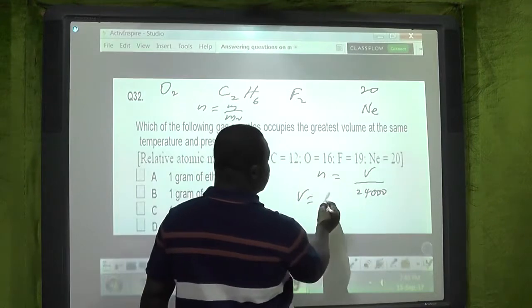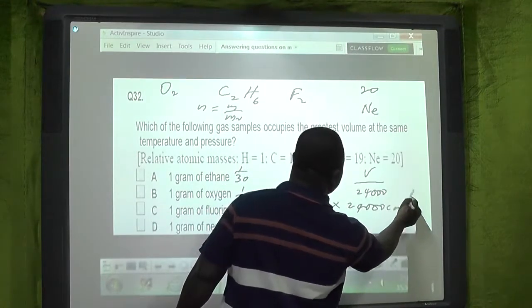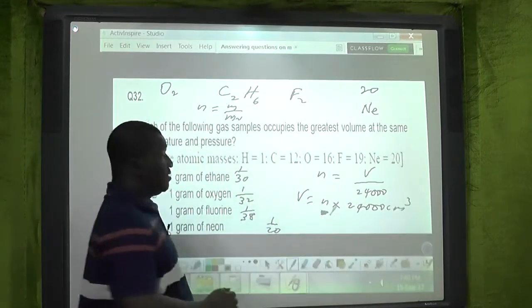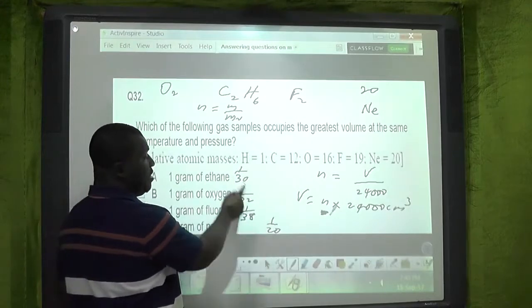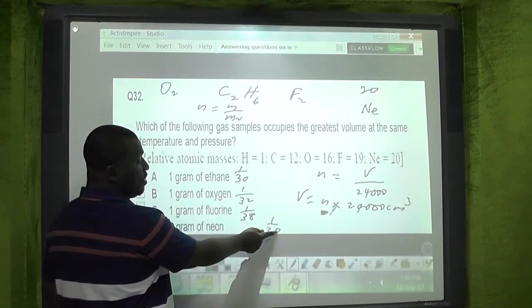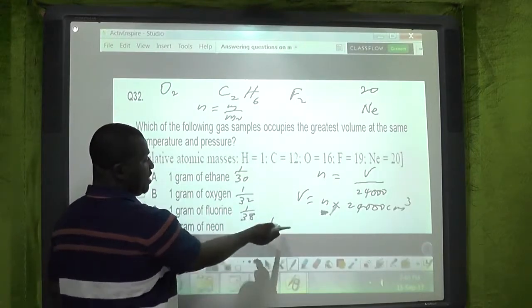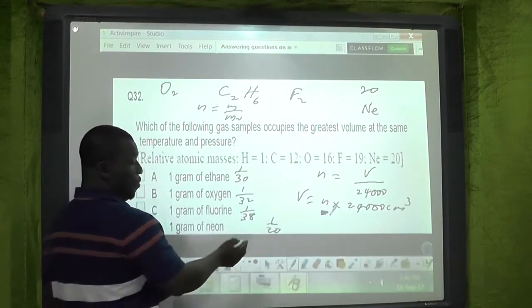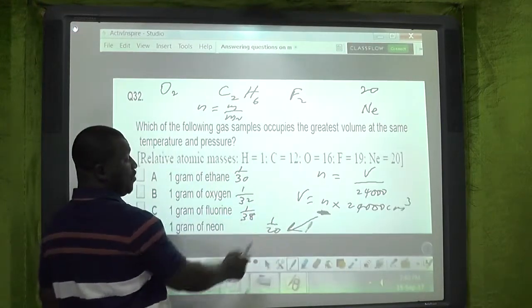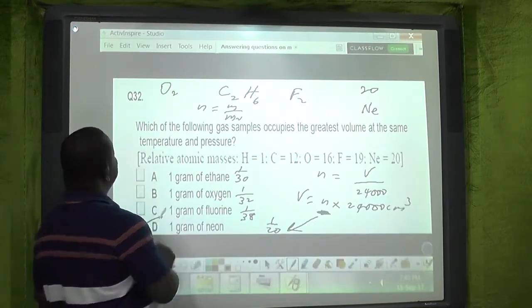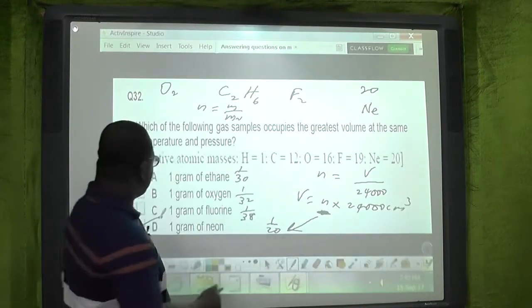So volume equals N multiplied by 24,000 cm cube. The one that has the biggest N will be the one that has the highest volume. The one with the biggest N here is the one with the smallest denominator, because the numerator is 1. So this has the highest volume because it has the highest N. So our answer is D. Let's check 32. If it is D, we are also correct. It is D. Let's continue.